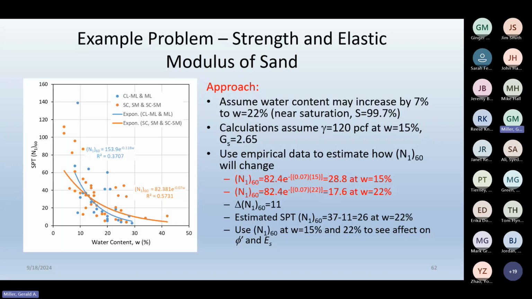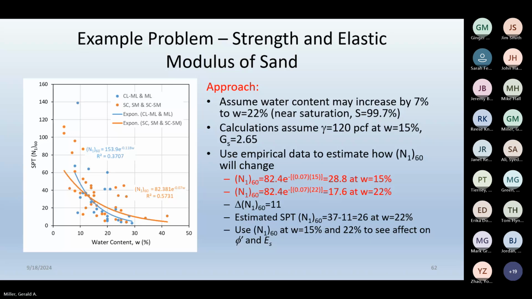To do that, I'm going to use the curve that I developed from my database for the sandy materials. That would be my orange curve here. I'm going to use this equation, which is a best fit line for that set of data, to estimate how my N160 is going to change.